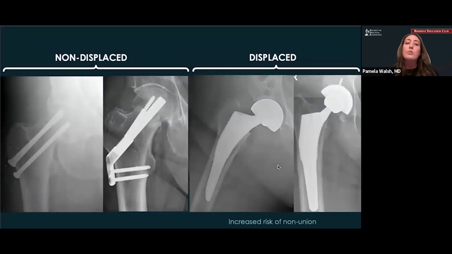So when they're non-displaced, the surgeons can opt for joint preserving hardware, so these cannulated screws. And then when they're displaced and there's that concern for avascular necrosis and non-union, of course, it depends on the patient's activity, comorbidities, and surgeon preference. They're likely to get an arthroplasty, hemiarthroplasty versus arthroplasty, depending on a bunch of patient factors and the surgeon's comfort with those procedures.